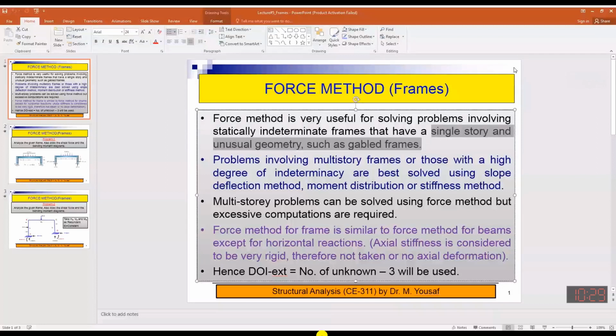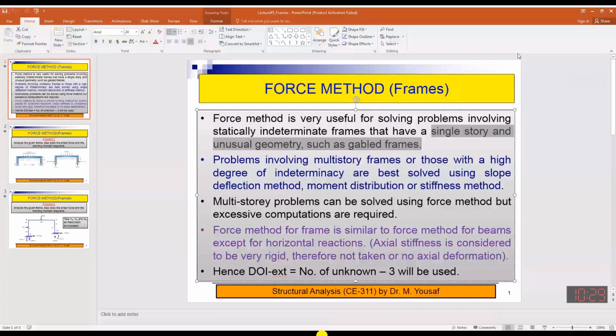Slope deflection method can handle the complicated solution, whereas this force method needs much more calculations if we apply it to a multi-story building.